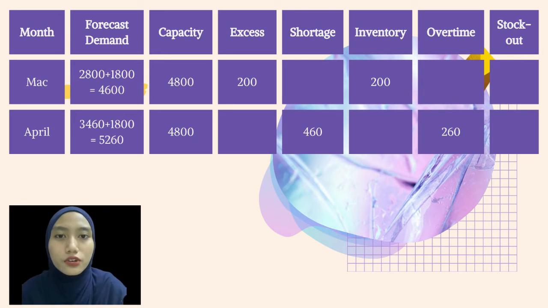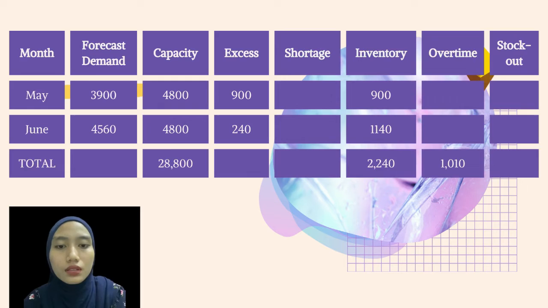Next for April, the forecast demand also needs to be added to 1,800 and the answer needs to be minus the amount of capacity. We get a shortage total of 460. Then the 200 from the previous inventory column is minus 460 and the balance is 260, which we put in the overtime column.